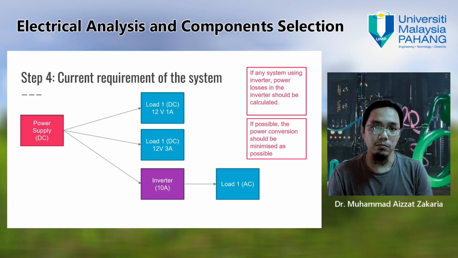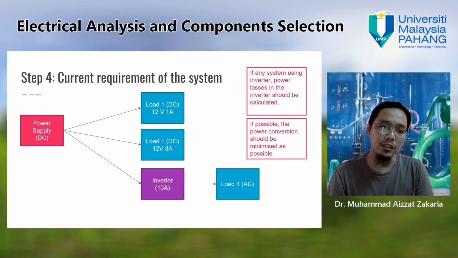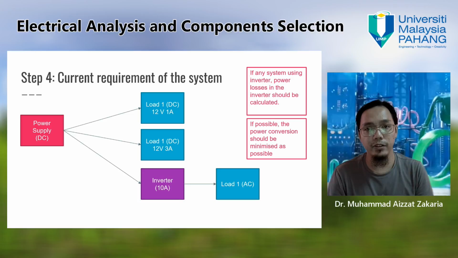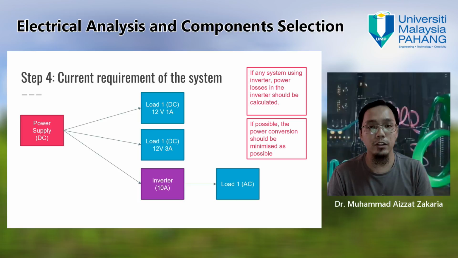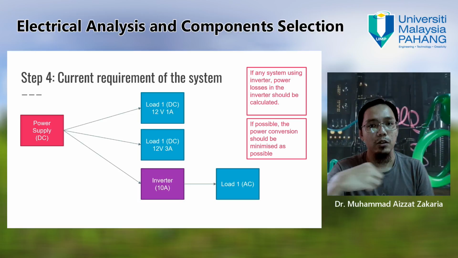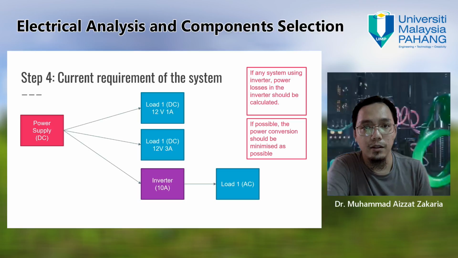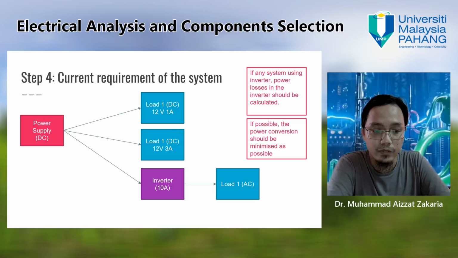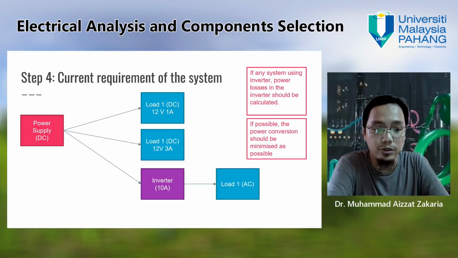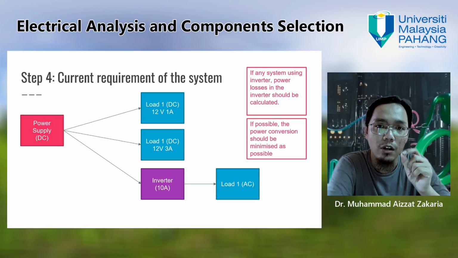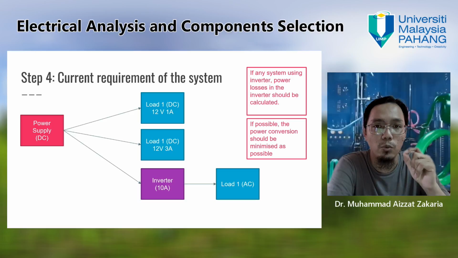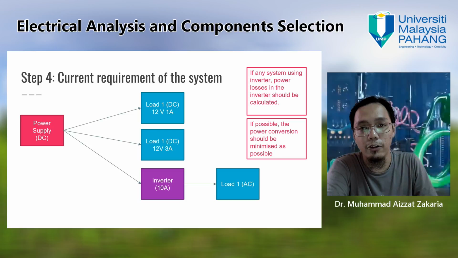When we use the inverter, we have to estimate its efficiency, and the inverter power loss should be calculated as well, so that we can estimate precisely our power conversion to the system. The loss should be minimized as much as possible, because we don't want to waste the energy from our supply.